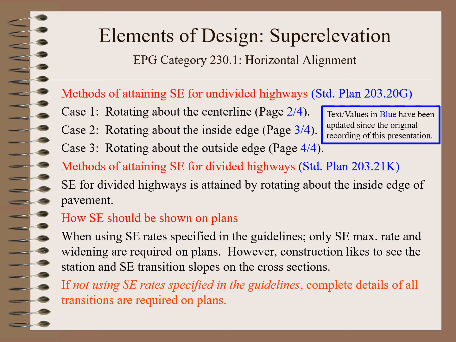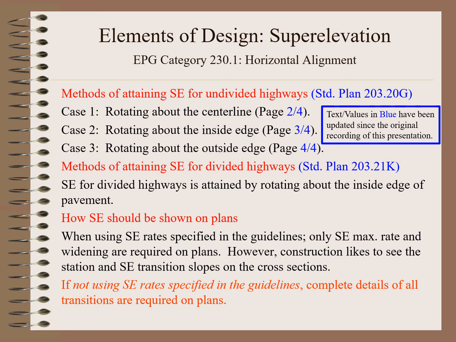However, I can tell you that construction likes to see the station and superelevation transition slopes on the cross sections. They also like to see cross sections being cut at the transition point.